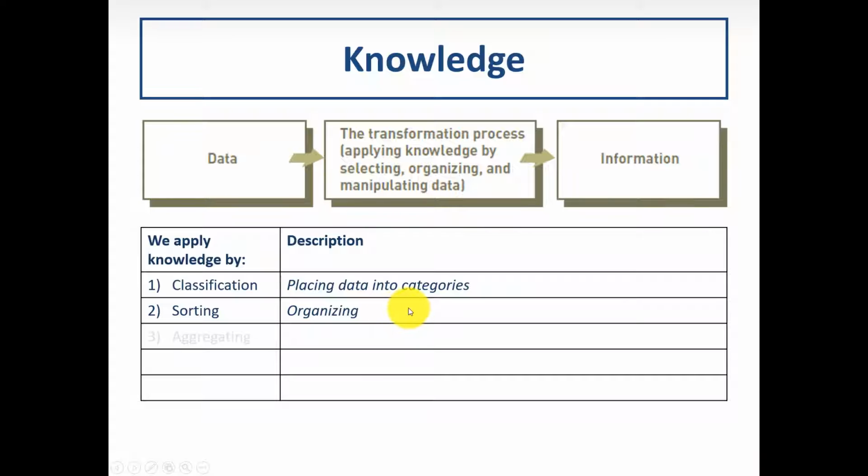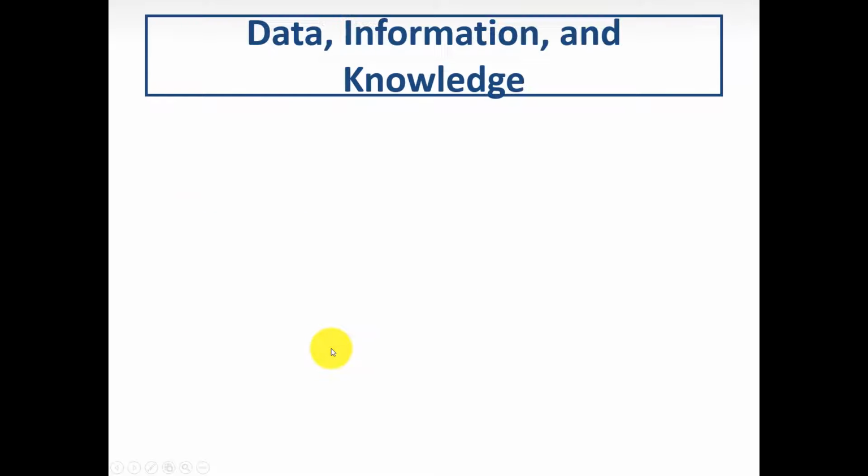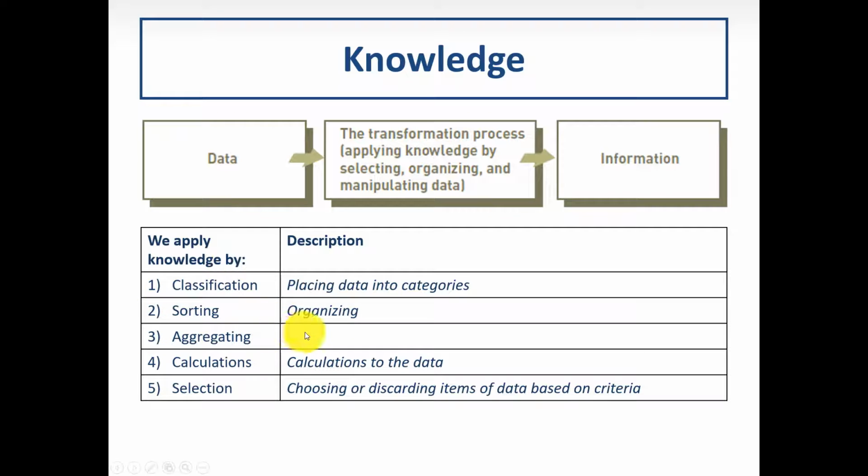So it's about organizing. It's about aggregating, calculating, and selecting. Aggregation means collecting items all together. In a supply chain context, that would be a demand forecast, for example for bicycles. We don't forecast by mountain bikes or road bikes, we just forecast by bicycles.